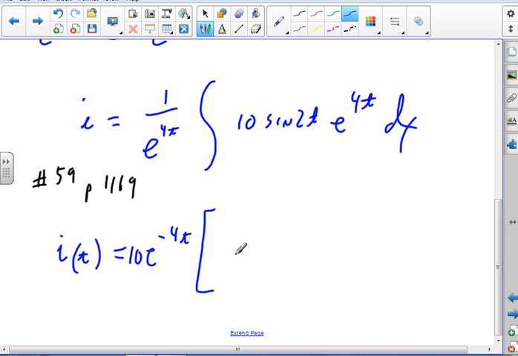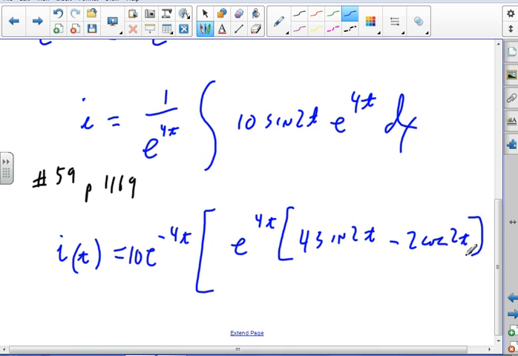And that's going to be e to the 4t times 4 sine 2t minus 2 cosine 2t, divided by a squared. 4 squared is 16 plus 2 squared, which is 4, plus some constant c.